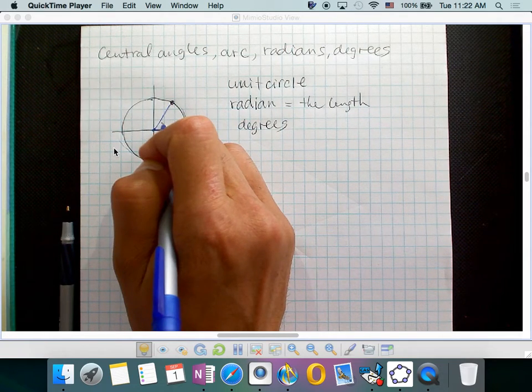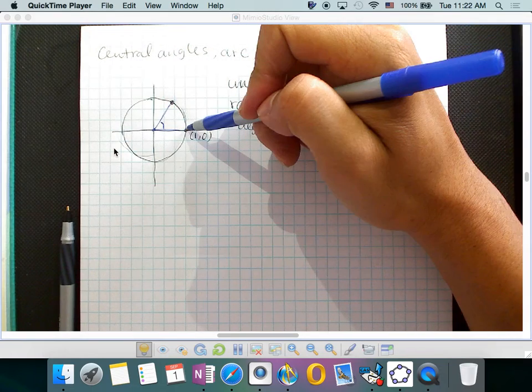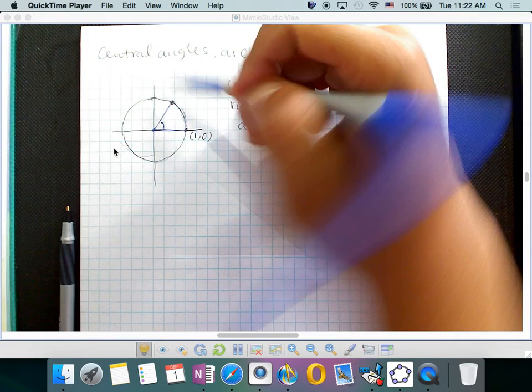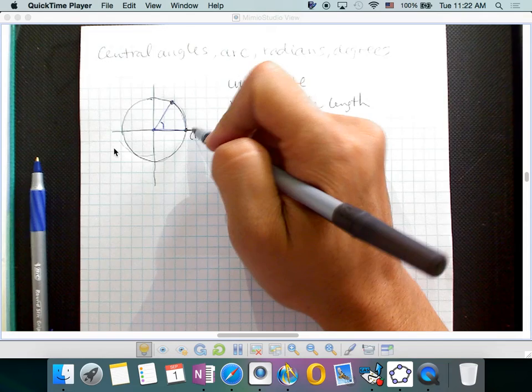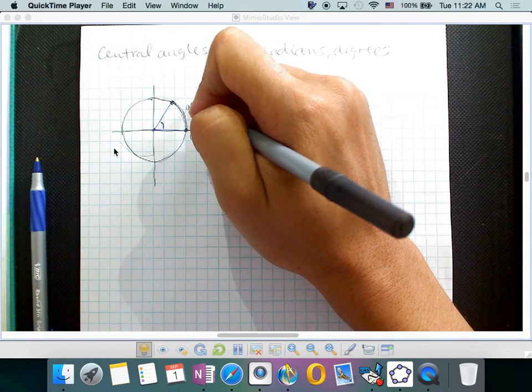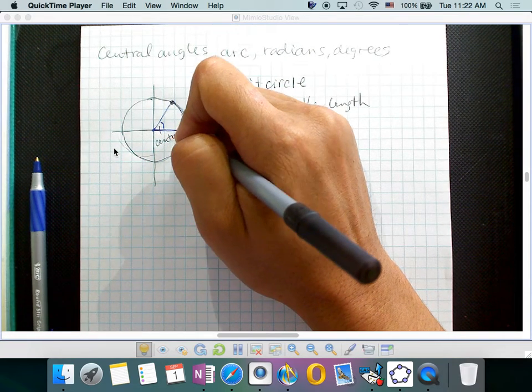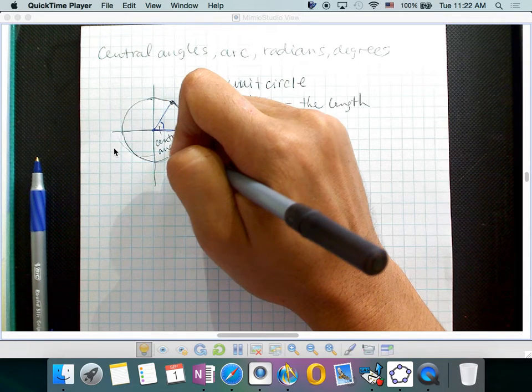And that angle, we call it the central angle. And the partial circle between those 2 points, we call it an arc. Okay?